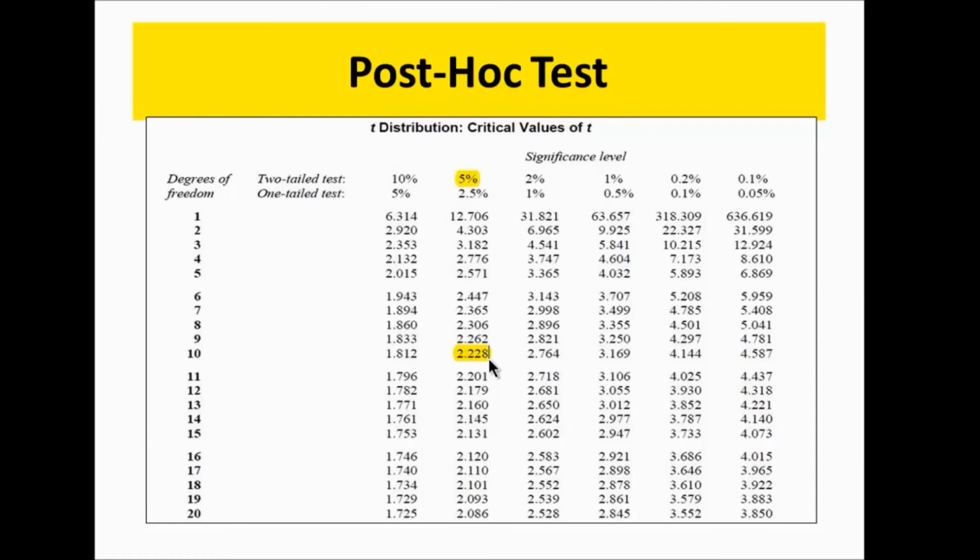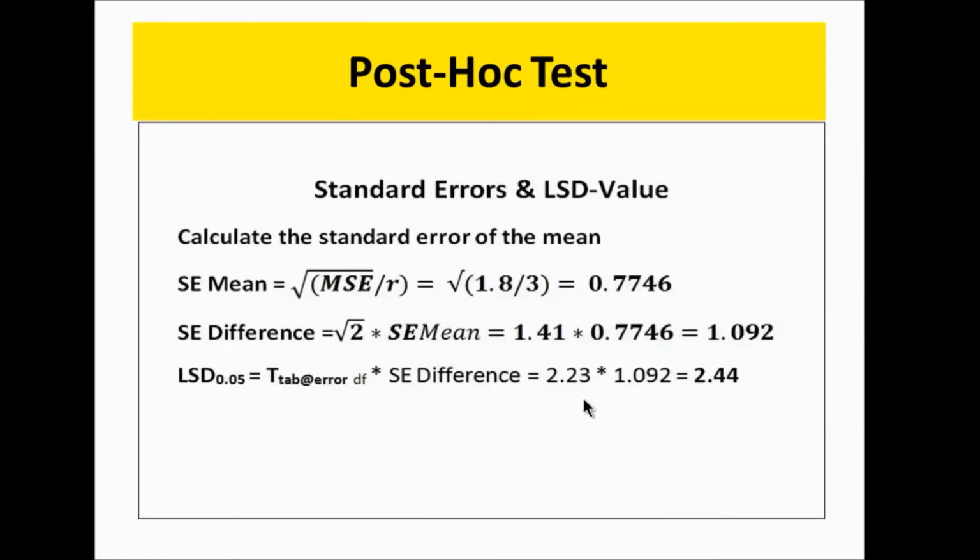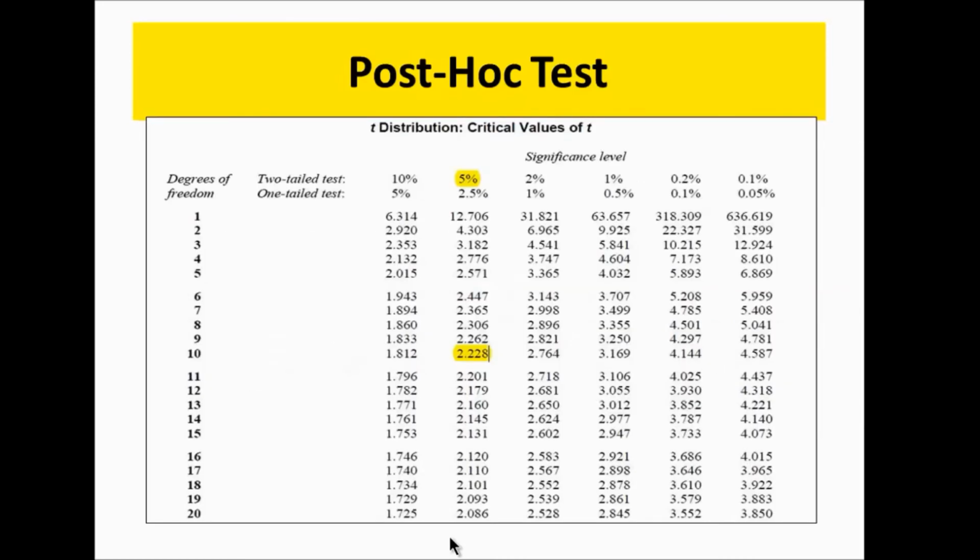So that is where we obtain this 2.23. That will be the value for your LSD, which is 2.44. By the way, we use this uniform value for LSD because the treatments have the same number of samples, or the same number of replications.